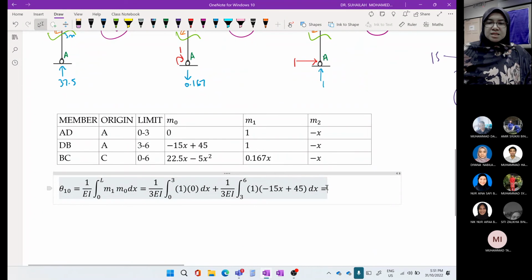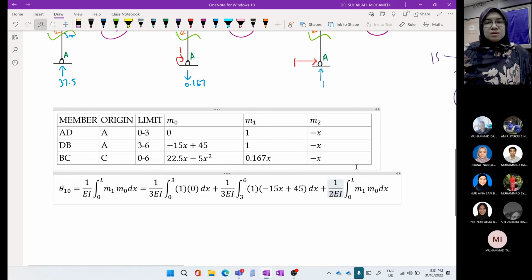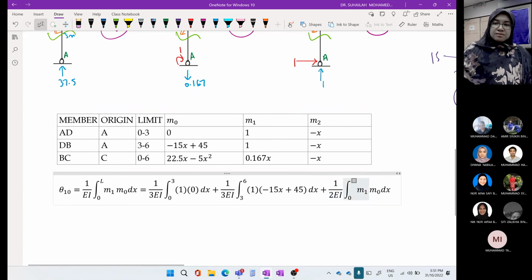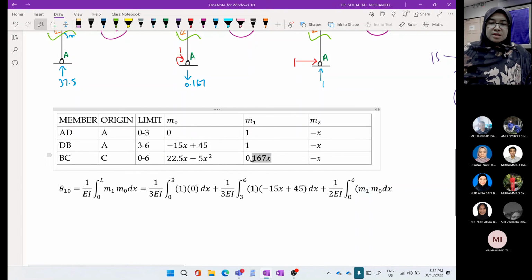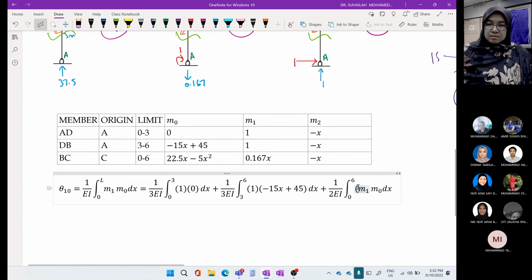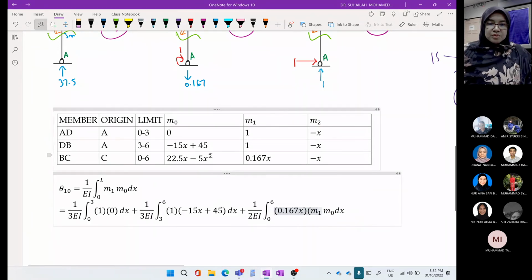Plus another one, 1 over 2 EI from 0 to 6, it is 0.167x times with this.